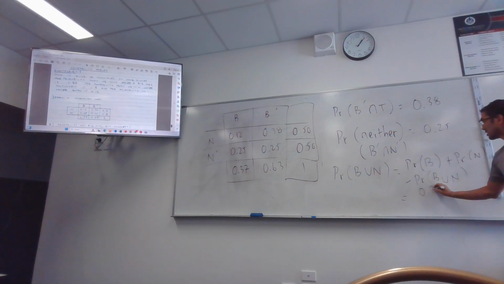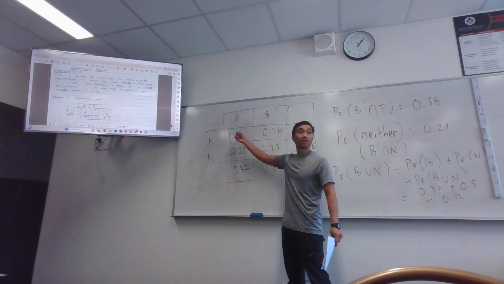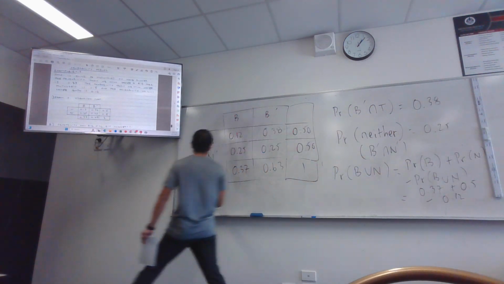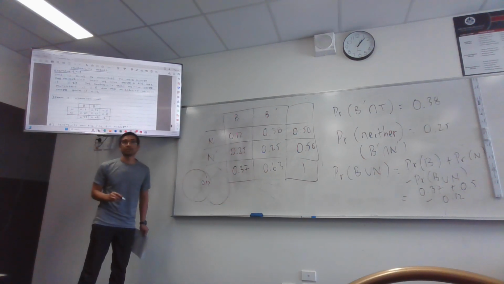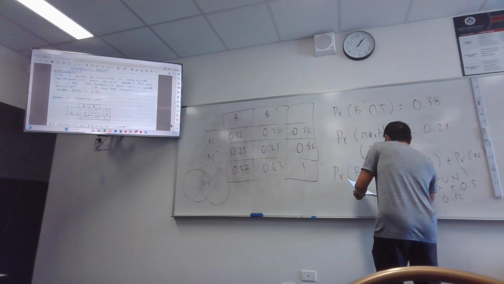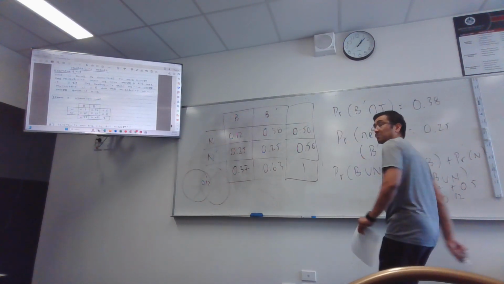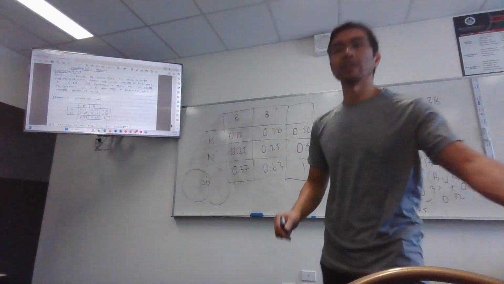Probability of B is 0.37. Probability of N is 0.5. These are the totals. But we must take away 0.12, because in here, that's the double count. When you do it in a Venn diagram, that's the double count. You've got to get rid of it. And as Tim said, it's 0.75. Okay? Any questions with that?